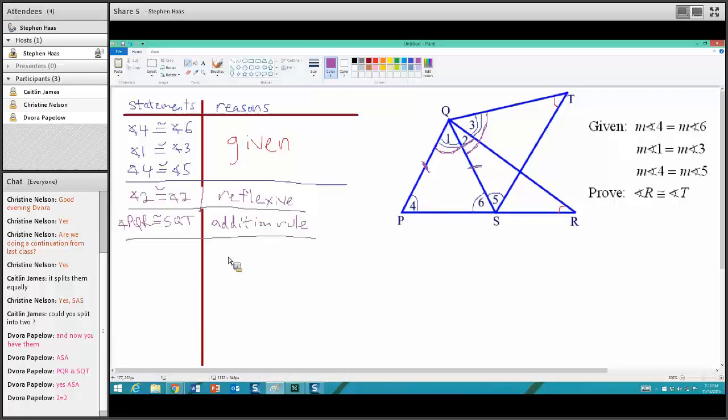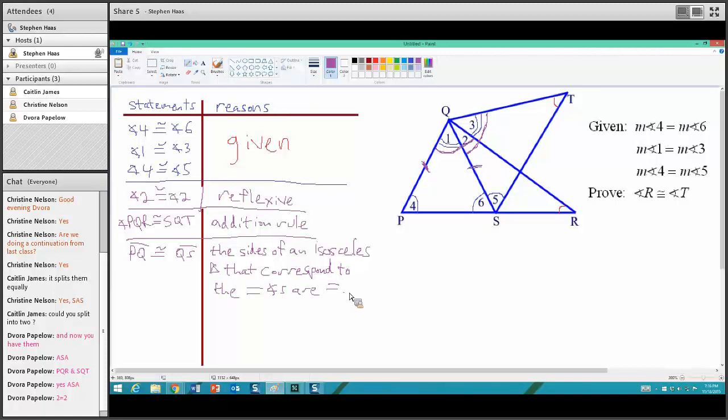Now we can say that side PQ is congruent to side QS, and that's because the sides of an isosceles triangle that correspond to the equal angles are equal.